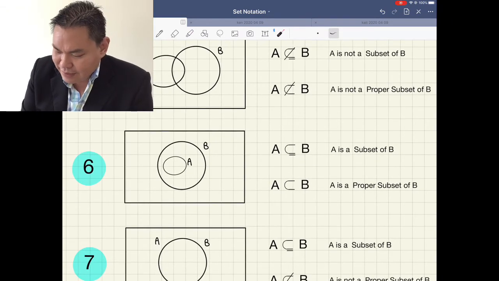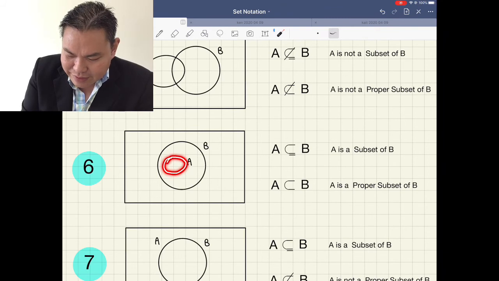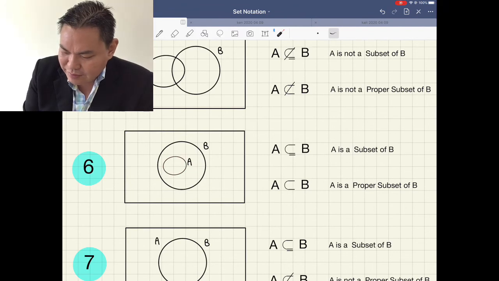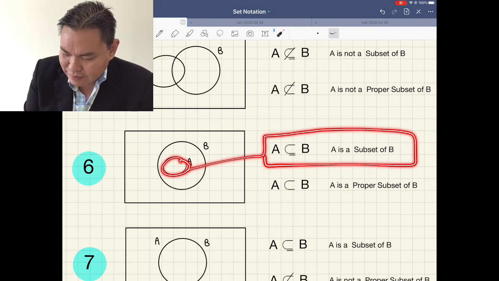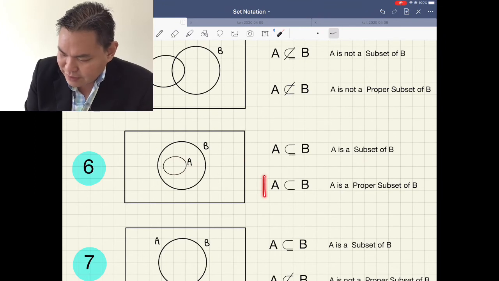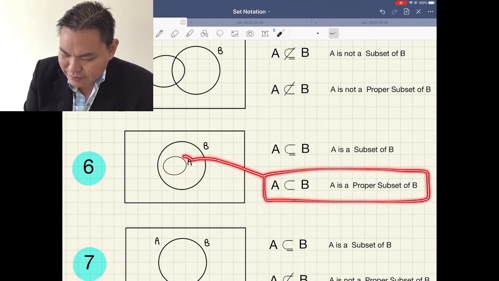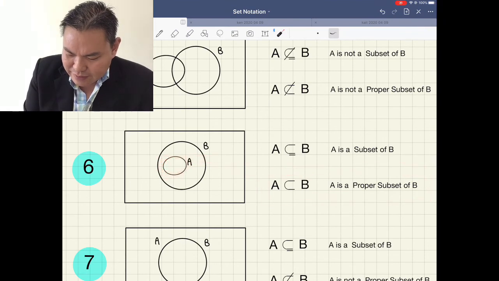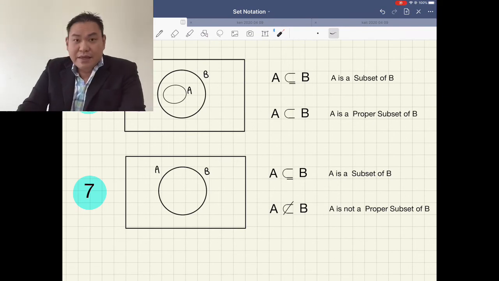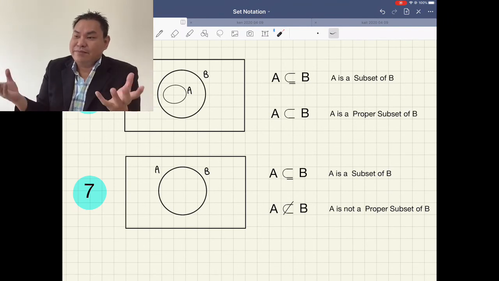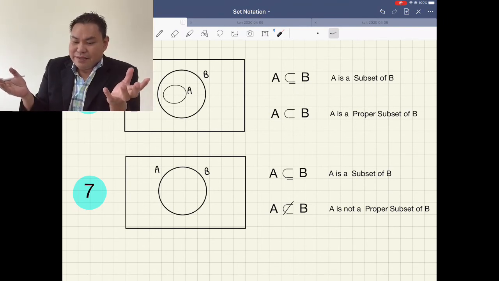Number 6, similar, but this time all members of A are inside B. So we say that A is a subset of B because all members of A are also members of B. Then we say that A is also a proper subset of B. Now Venn diagram number 7, A and B are exactly the same. They have the same members.